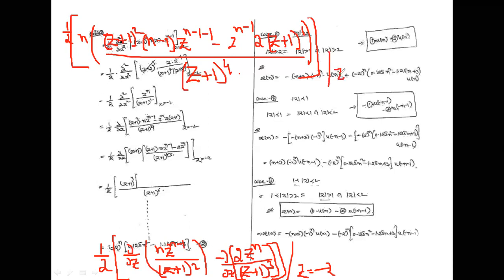If I am substituting z is equal to −2 here, so what is the value? −2+1. So 1/2 into n multiplied with (z+1), −2+1 is −1, whole square. (n−1) and it becomes (−2)^(n−2), (−2)^(n−1), 2 into this becomes (−2+1) is −1, whole power 1, whole divided by (−2+1) is −1, whole power 4.